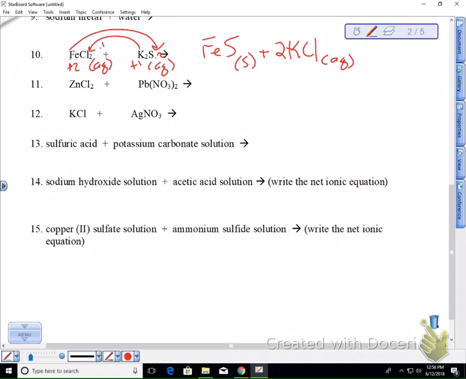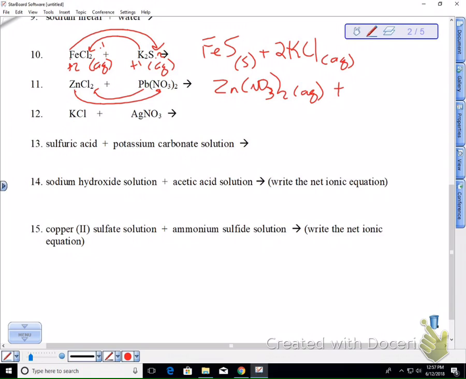In number 11, we need to put zinc +2 with nitrate, which is -1. So that compound will be Zn(NO3)2. It's ionic, so is it soluble? Yes. So that is aqueous. And then we need to put Pb with Cl.